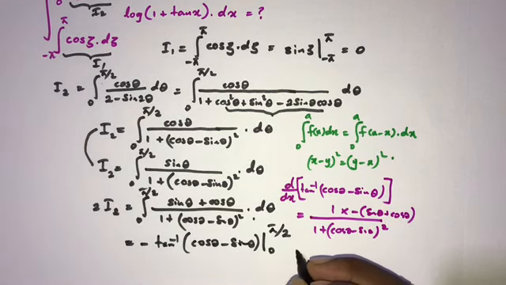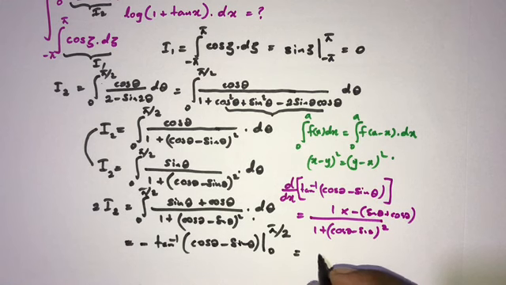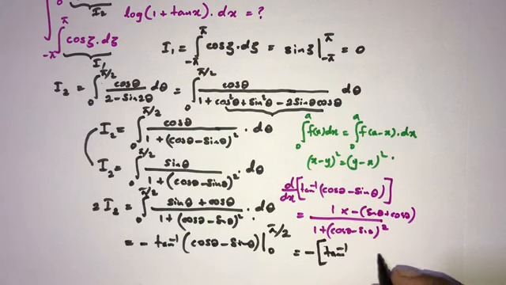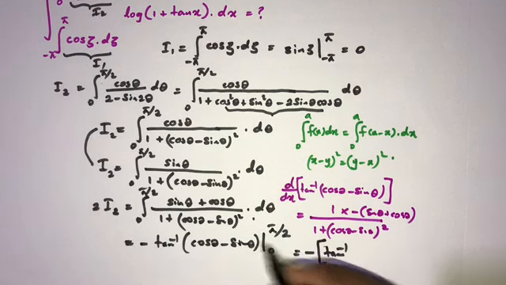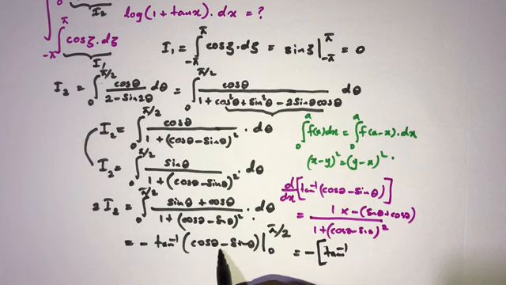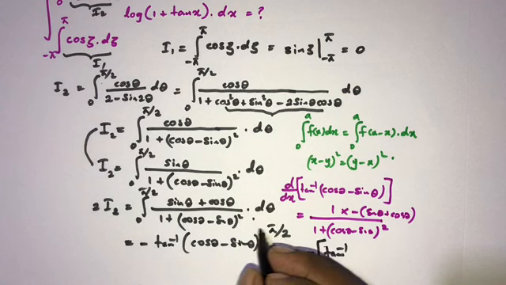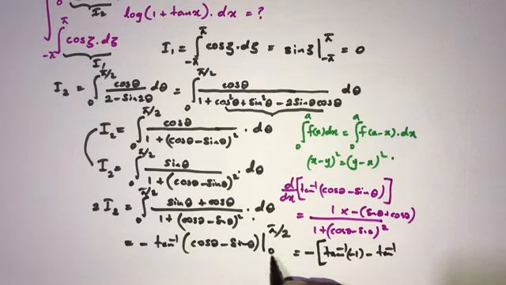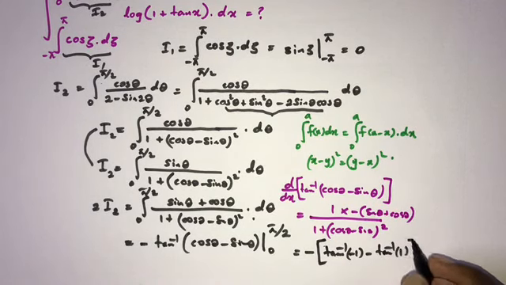Okay, now we can simplify this. Minus arctan of, here if we plug in π over 2, so we know cosine of π over 2 is 0, minus sine of π over 2 is 1, so minus 1, minus arctan of, if we plug in 0, here 1.